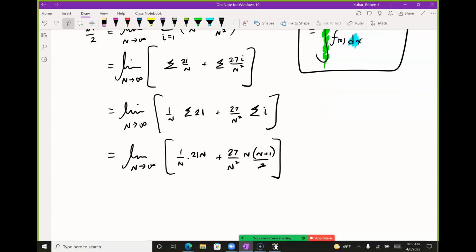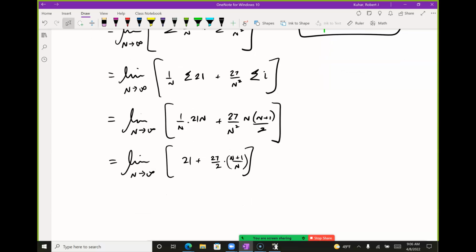So from my series that I have from pre-cal and memorized or written on my formula sheet, I know the sum of a constant. I know the sum of the indices. So I get the limit as n goes to infinity of, looks like, 21 plus 27 over 2 times n plus 1 over n, when the n's cancel there, right?